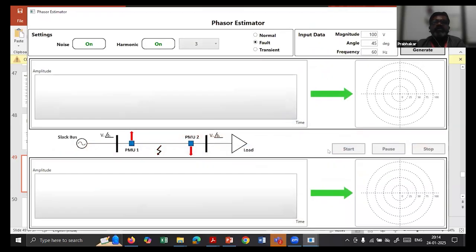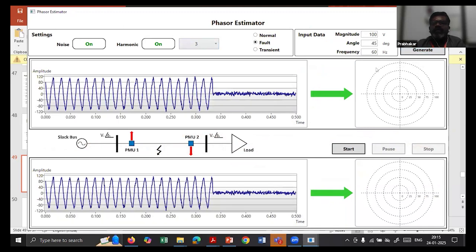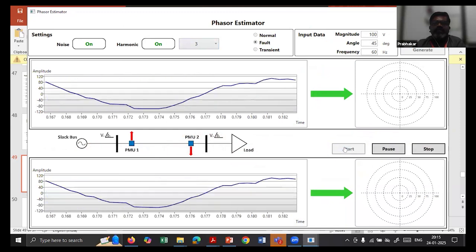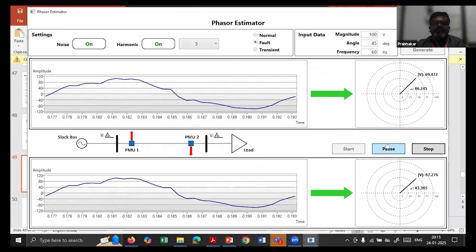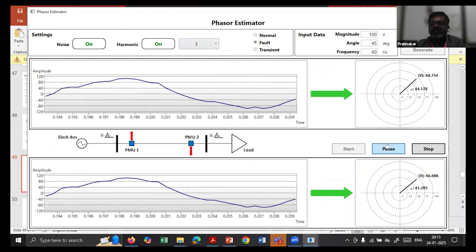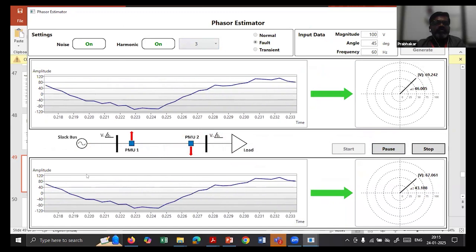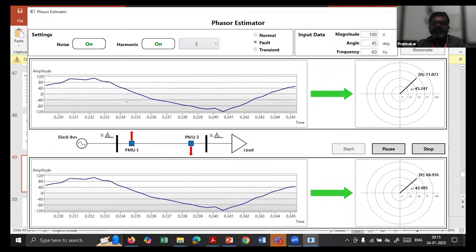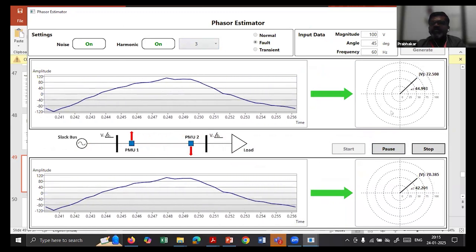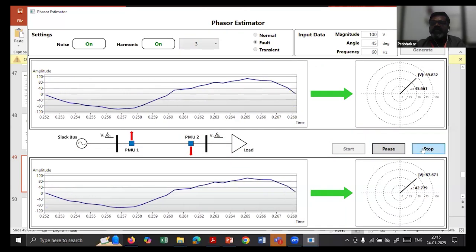You can see the accuracy of the GPS signal, which is useful. So you can see this phasor estimation also, how these values, whatever value you are seeing, this amplitude with this time, are shown in the form of a phasor diagram here.